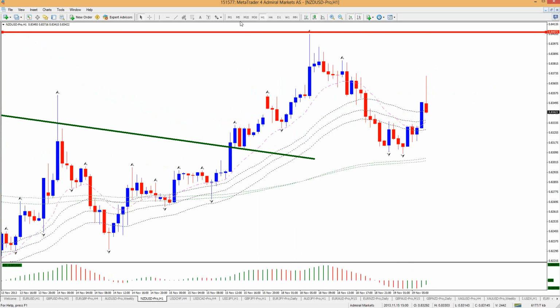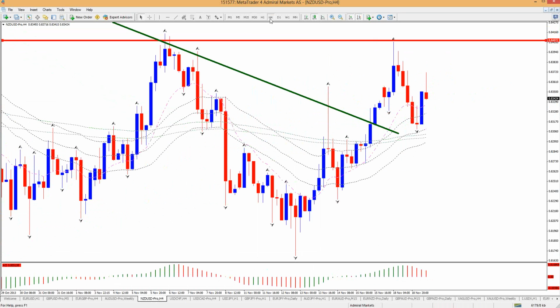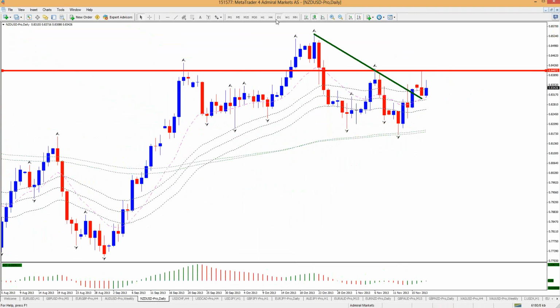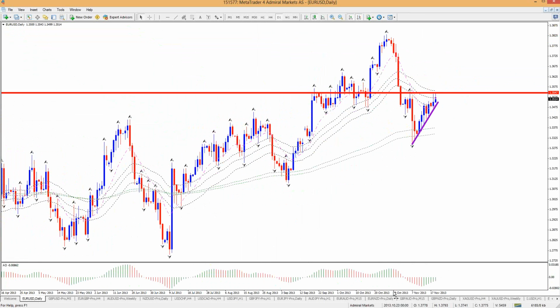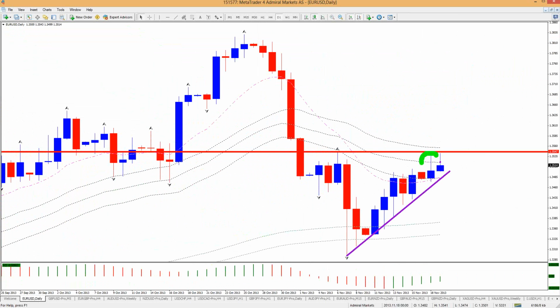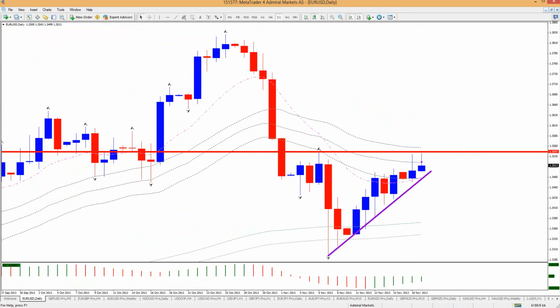We'll take a look at all of these in 10 minutes. Well, New Zealand does have a very bearish daily candle. How does the euro look like? Euro does have a bit of a shooting star. That does aid to the prospect of something like that, Robert, indeed. That's true.